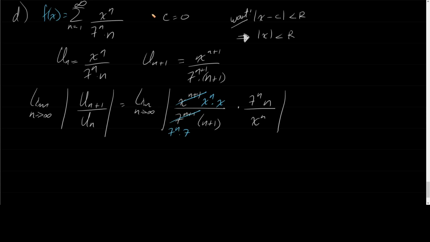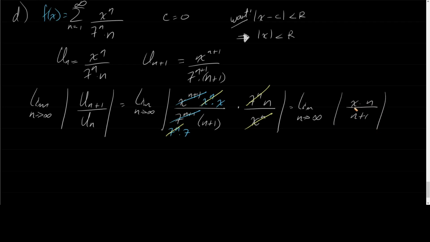At that point, we see a few things cancel each other out. This 7 to the n cancels that one over here, and this x to the n cancels that one over there. And what are we left with? We're left with the limit as n goes to infinity of the absolute value of x times n over n plus 1.